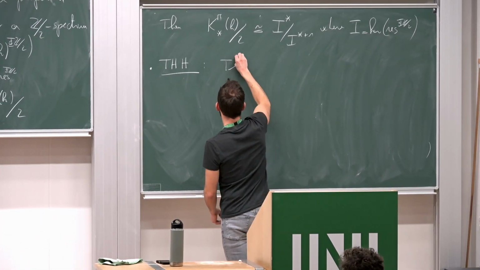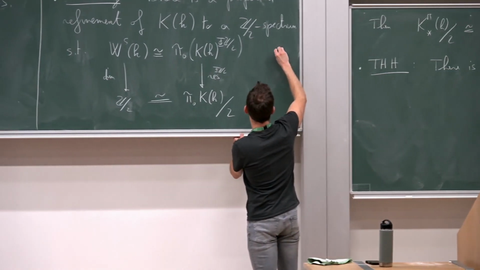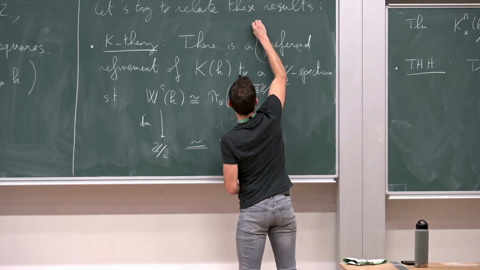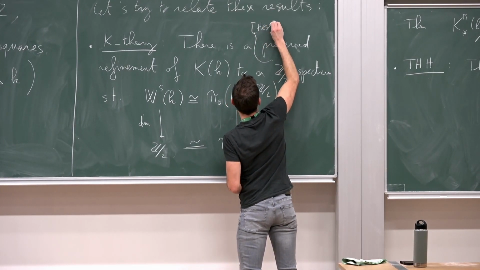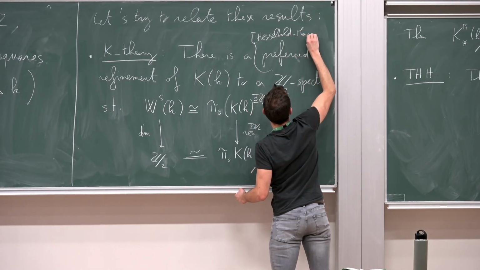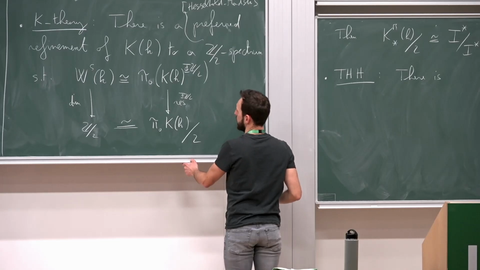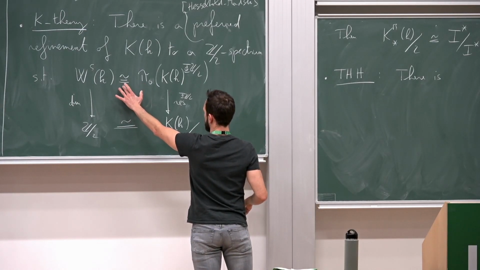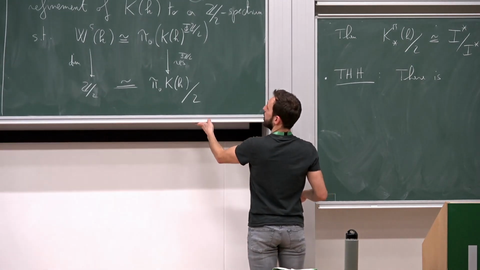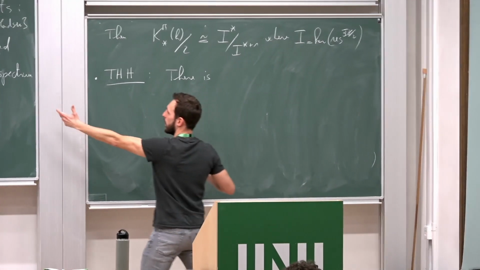There is a preferred, maybe I should say some names, this is due to Hesselholt and Madsen. And I guess pi 0 was already known. Let's leave it at that. And in the same way, one can construct this refinement.